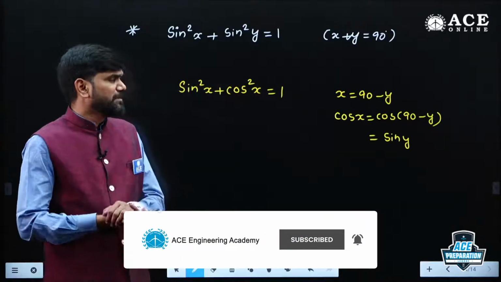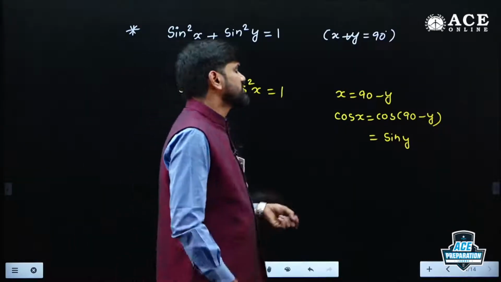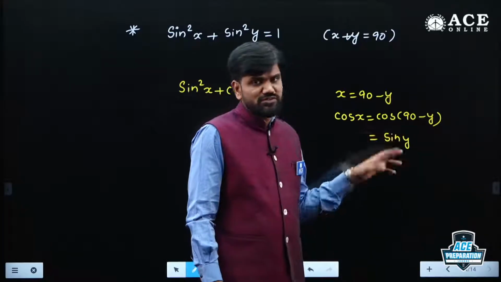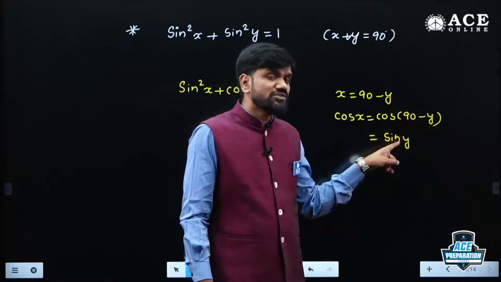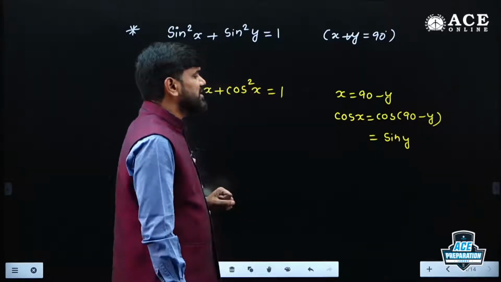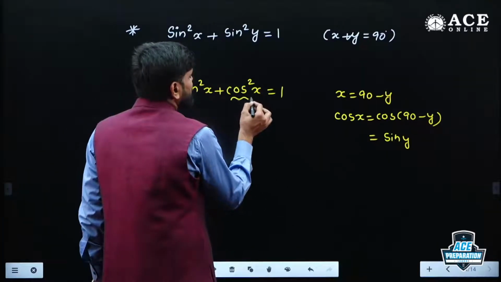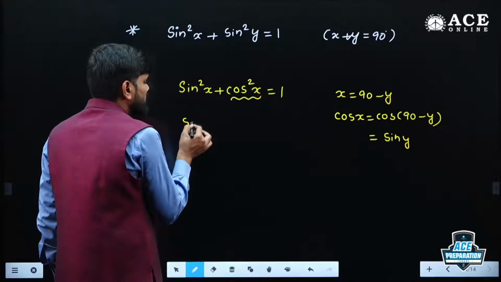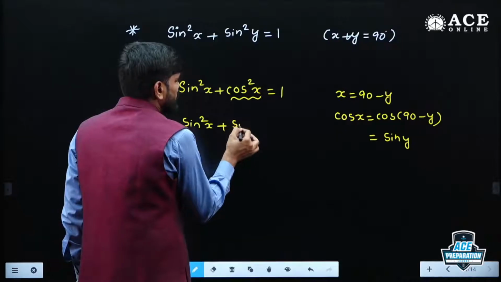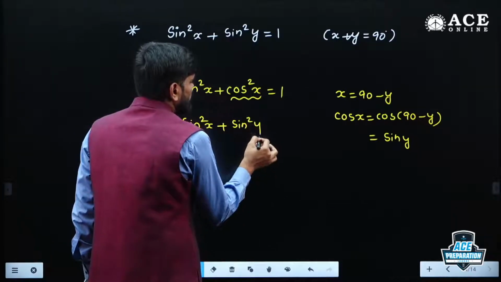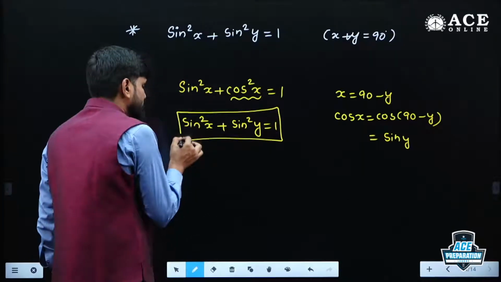Because we have already seen when x plus y together is 90 degrees, sin x equals cos y or cos x equals sin y. So cos x is equal to sin y. Now in place of cos x I can substitute sin y. That's why this gives the answer sin square x plus sin square y is equal to 1, provided x plus y equal to 90 degrees.